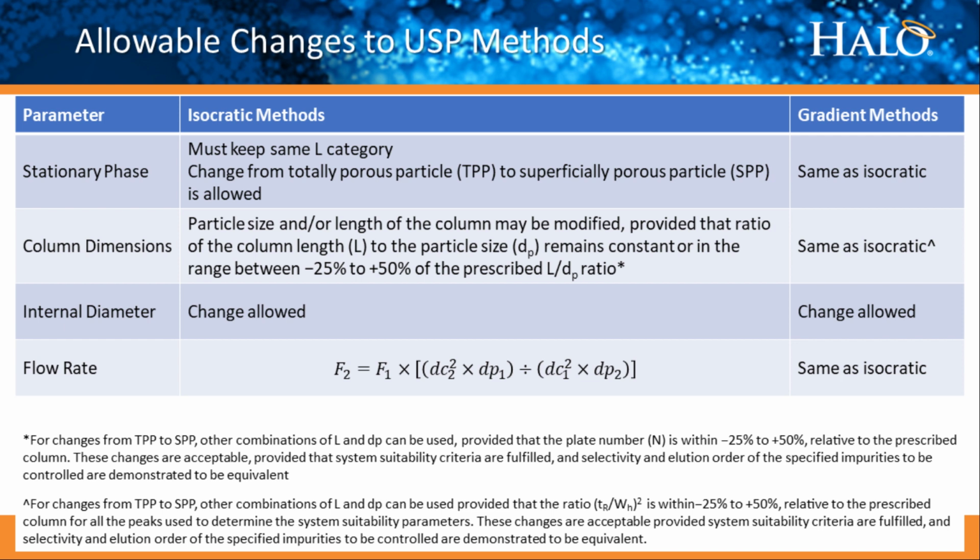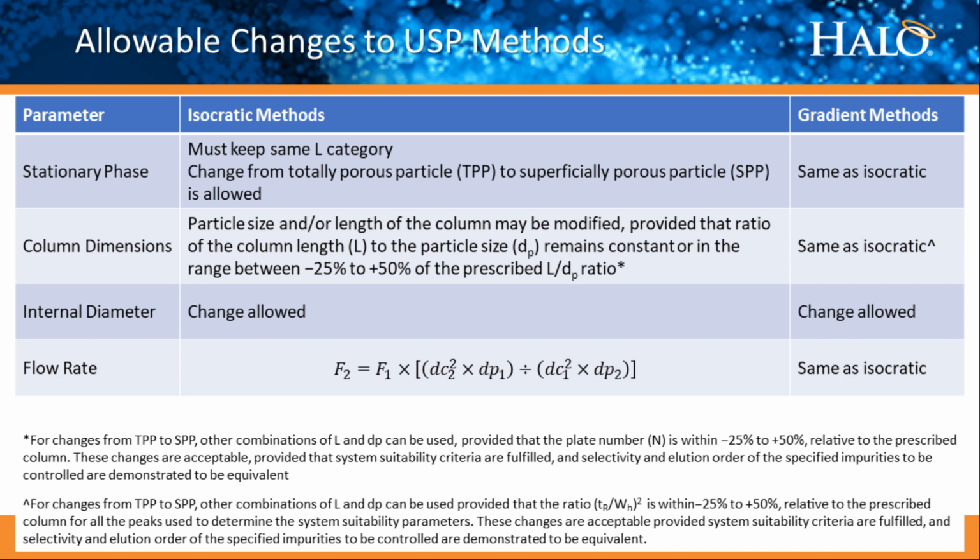And that's the same for both isocratic and gradient methods, although you do have some flexibility for other L to dp ratios. And that's what I have listed here with the asterisk. For isocratic, you can be within minus 25 to plus 50% of the plates relative to the prescribed column.